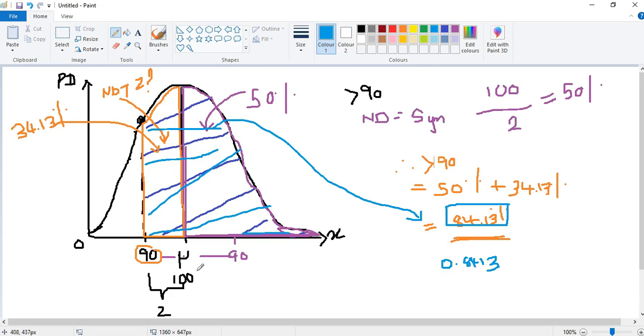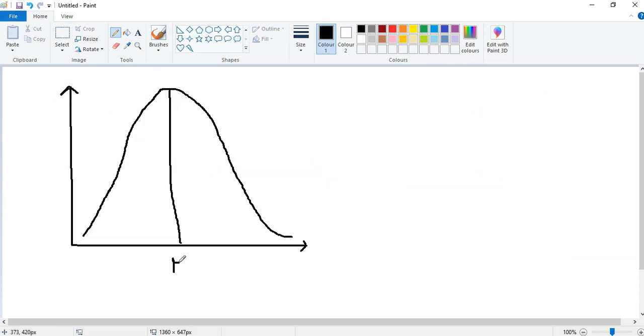So the mean mu is 100, and they want below 108. 108 will be somewhere here after 100.